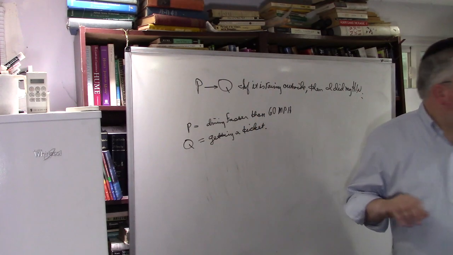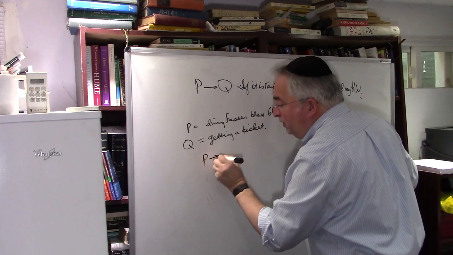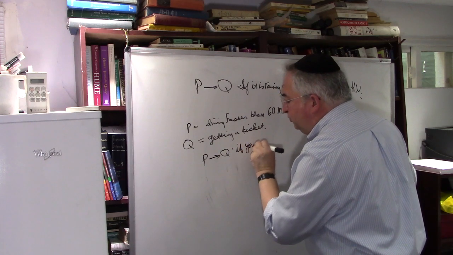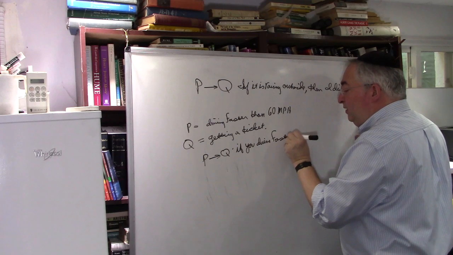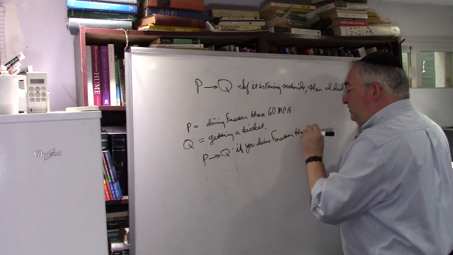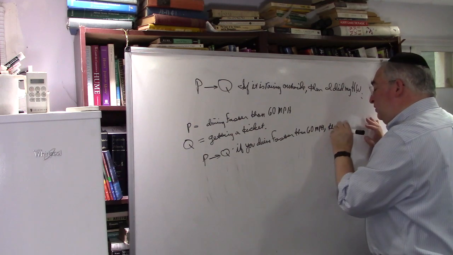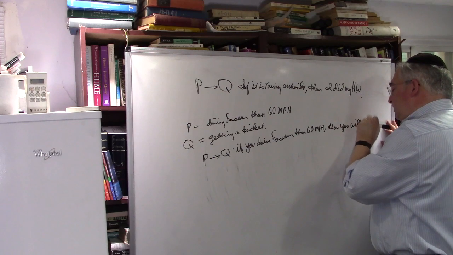And the idea is as follows. P arrow Q says if you drive faster than 60 miles per hour, then you will get a ticket.